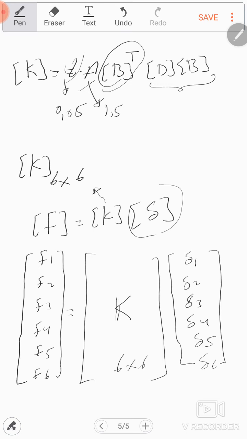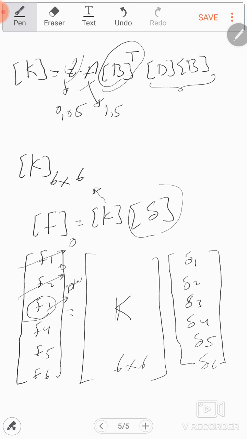Now let's go to the force. For the force, we have only one force, because F1 is 0 and F2 is 0. Only F3 is equal to 10 kilonewton, if you go back to the first slide.